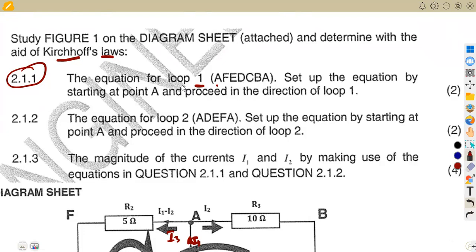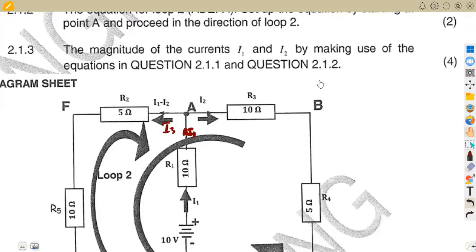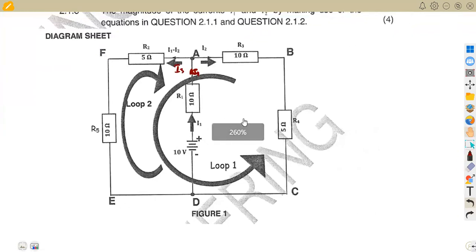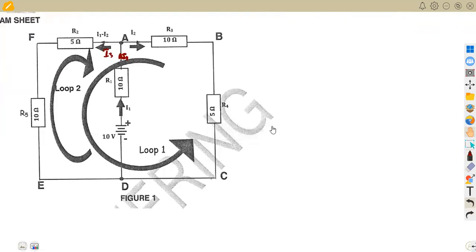You are not following your own order in this case. We are asked where to start and the direction to follow.